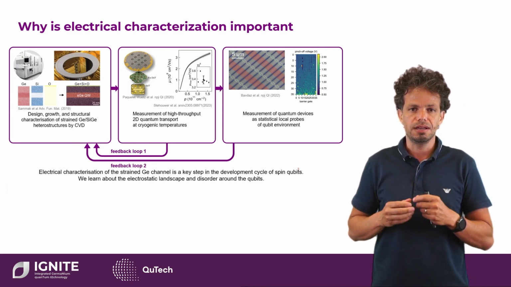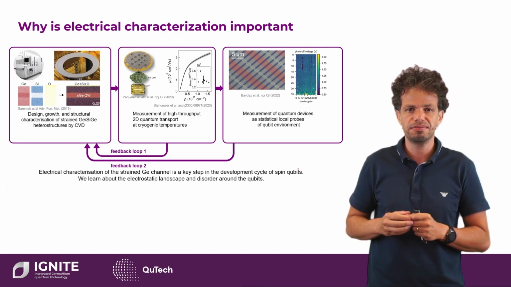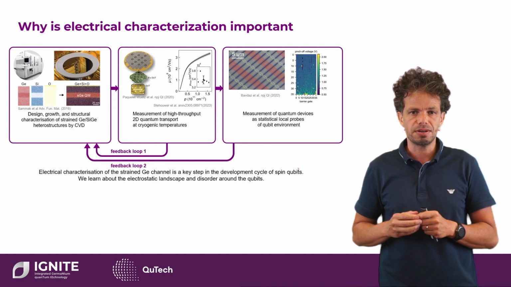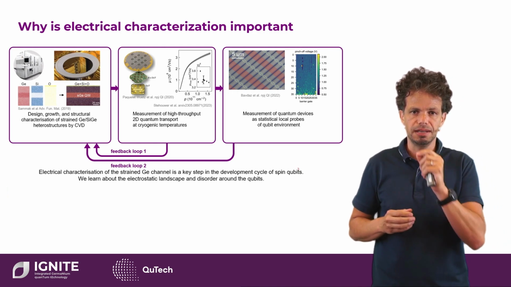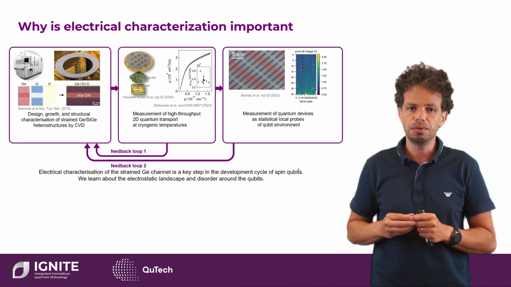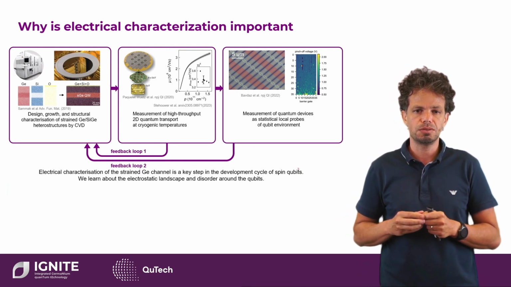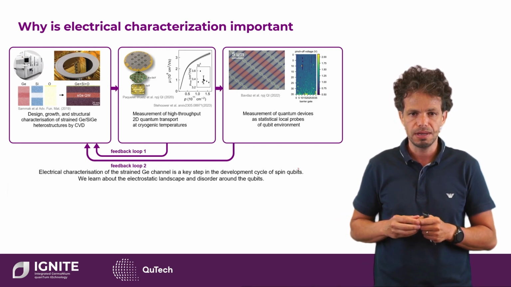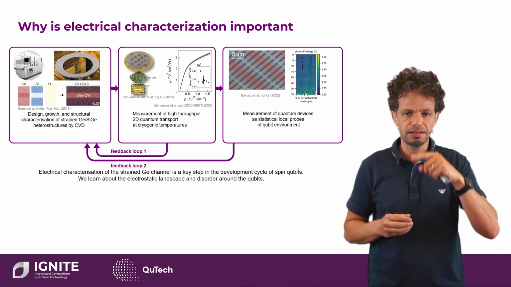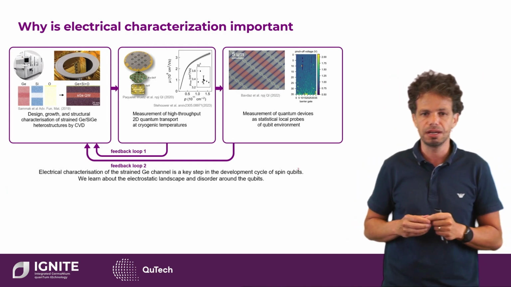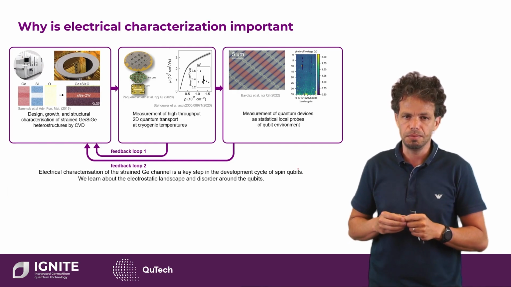So we want to understand how uniform the wafer is by measuring these properties across many different devices. We do this also at cryogenic temperature, and our main toolbox is two-dimensional quantum transport. So this electrical characterization is part of the first feedback loop that we perform.